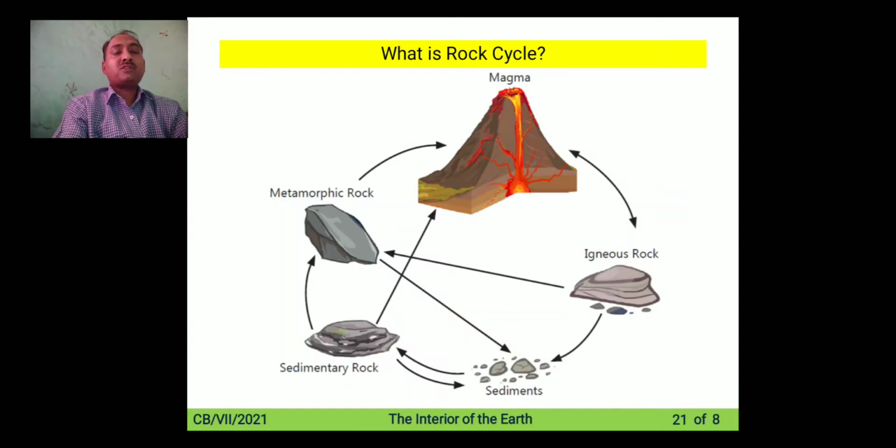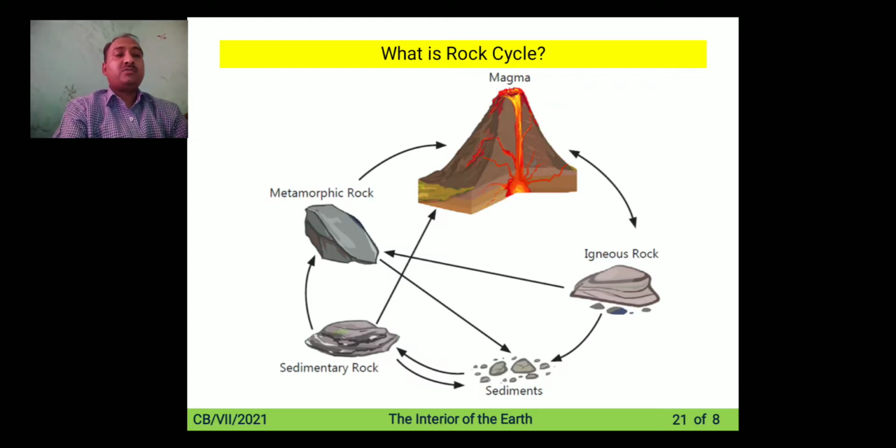Here is a rock cycle. This rock cycle is mentioned here. As you know, there is lava inside the earth, and whenever this lava comes onto the surface of the earth, it solidifies, it cools down, and a particular kind of rock is formed. It is called igneous rock.